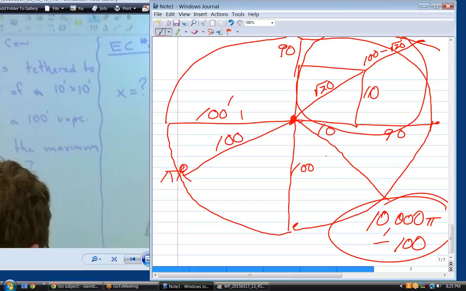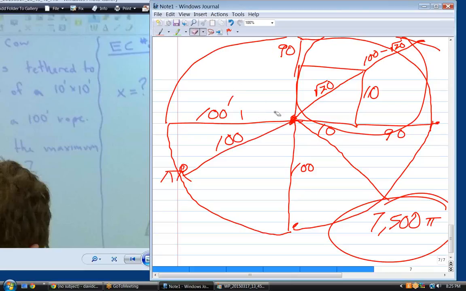However, it can definitely go 3/4 of the area of the circle. So 7,500 pi plus whatever these areas are. How hard can that be to figure out?